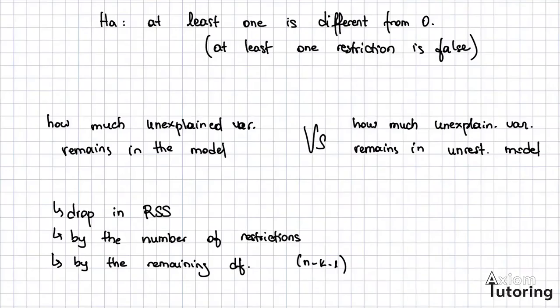Any large F value, especially larger than the critical value, you reject the restricted model. If you cannot reject it, meaning very likely you have a very small F value, it means you should better keep the model simpler.